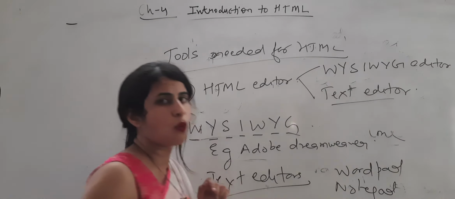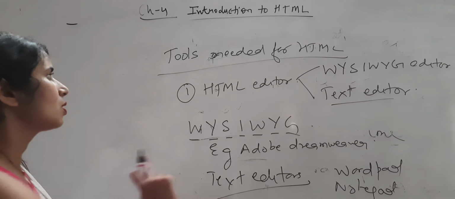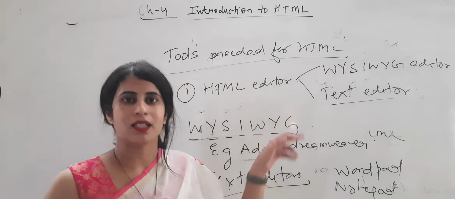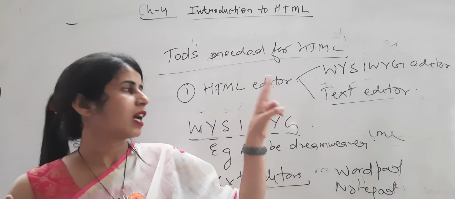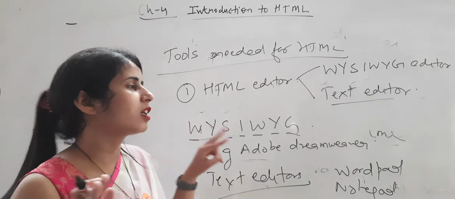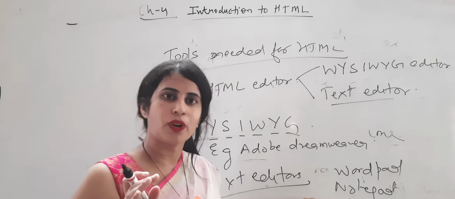So the first tool required for HTML is the HTML editor. In the HTML editor we have two types: the what you say is what you get editor, and the text editor.